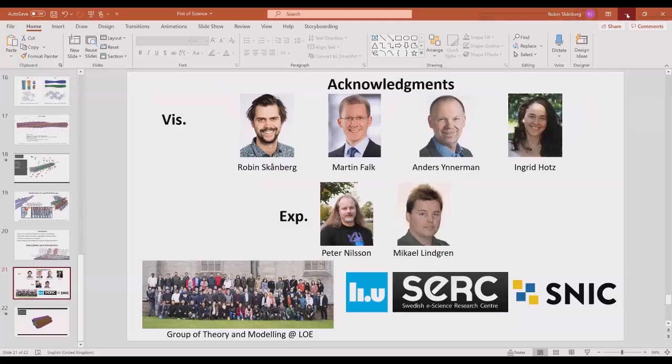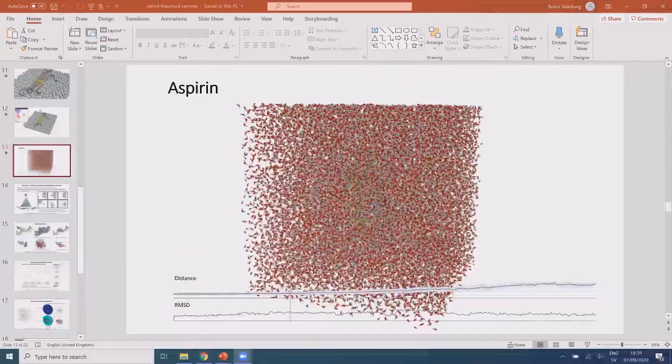I'm going to show you another dynamic of an aspirin molecule that is bound to a protein. So let me see here. Do you see here? No, you don't see. Okay, I'm not showing the right stuff. So let me see here. Now you can see it, I guess. Yes. All right.